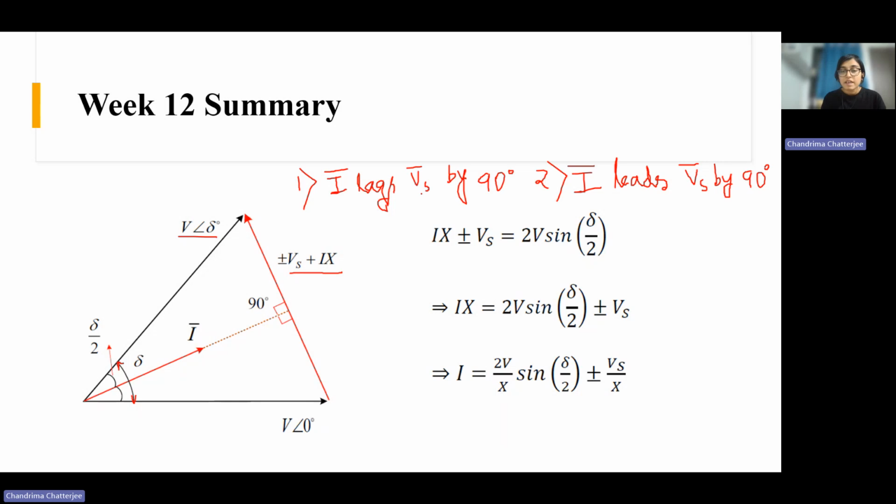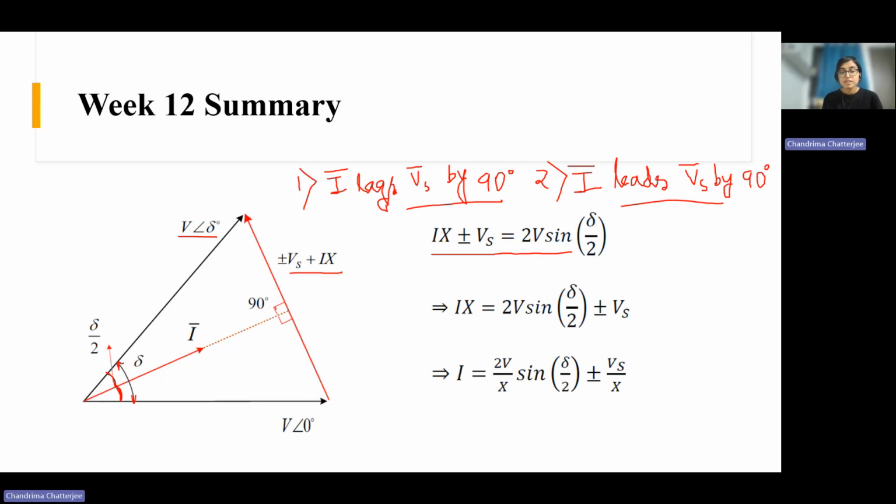Now when I lags Vs by 90 degrees, then obviously this is inductive mode of operation, and when I leads Vs by 90 degrees, that is capacitive mode of operation, right? These angles from I to V, this one and this one, they are delta by 2, right? So this IX plus minus Vs is equal to 2V sine delta by 2, right?